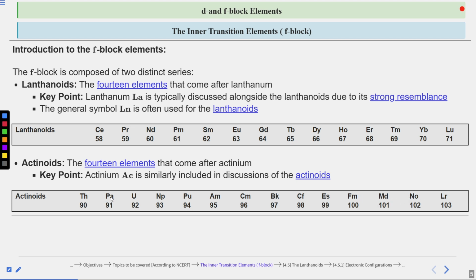So thorium, protactinium, uranium, neptunium, plutonium, americium, curium, berkelium, californium, einsteinium, fermium, mendelevium, nobelium, and lawrencium. So these are the actinoids with their respective atomic numbers from 90 to 103.